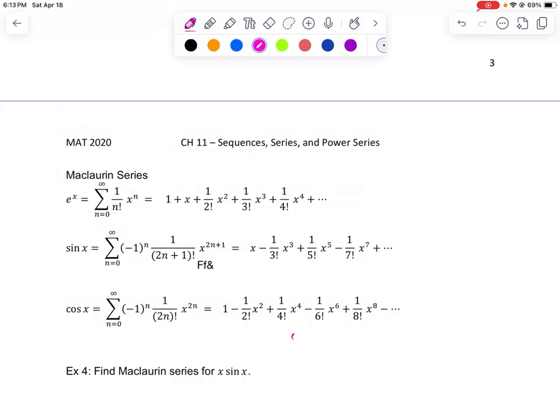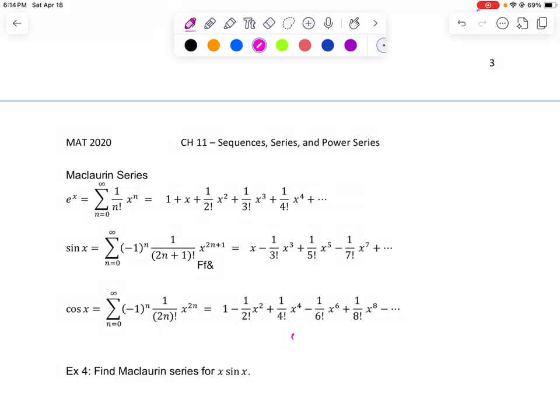Cosine x, this is a series I expect you to find on your own, just following the work I showed you for sine x. Because we are finding the Maclaurin series here, you notice that in the sine function, the odd powers are left.